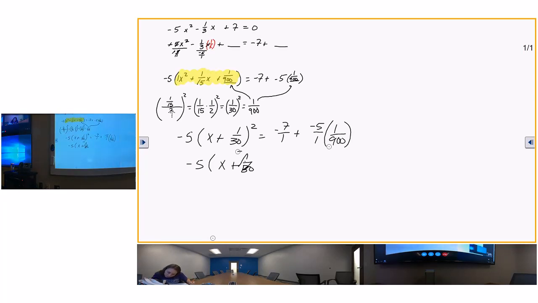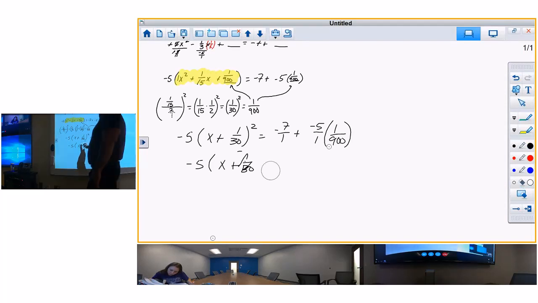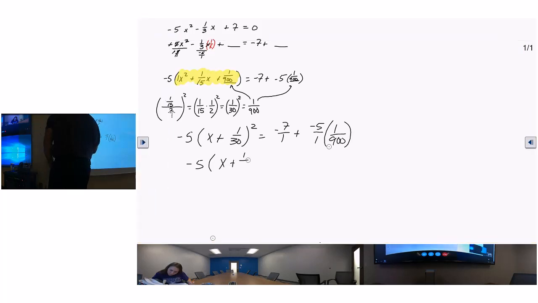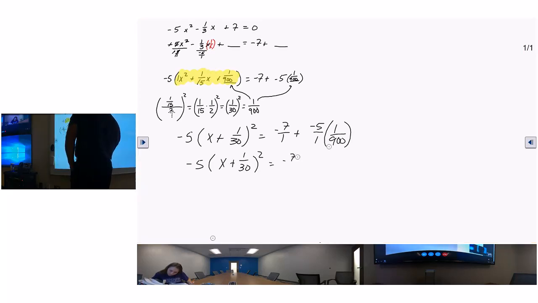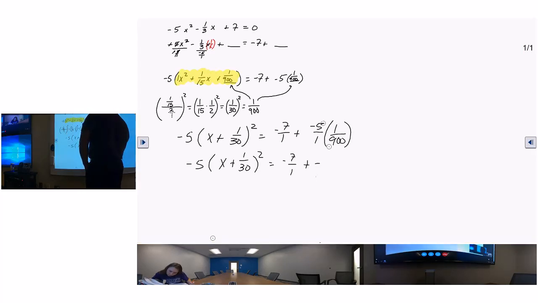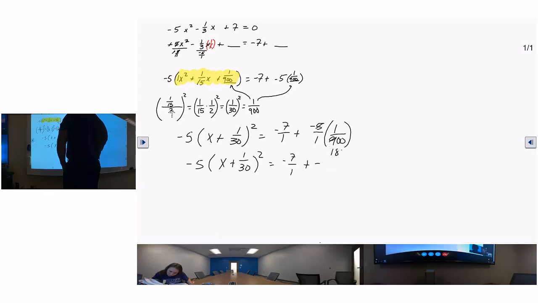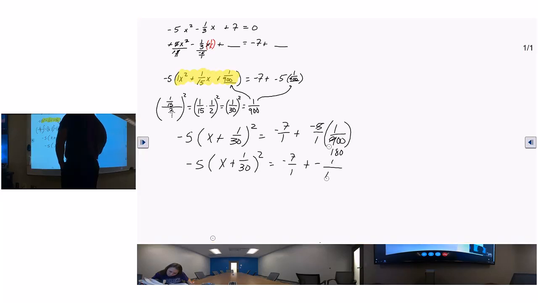Where's the other one? x plus 1 over 30, quantity squared, is equal to -7 over 1 plus, well, 5 will go into 9 one time. That'll leave 40. And 0, somebody check 180. Is that right? That's right. Okay, so -1 over 180.